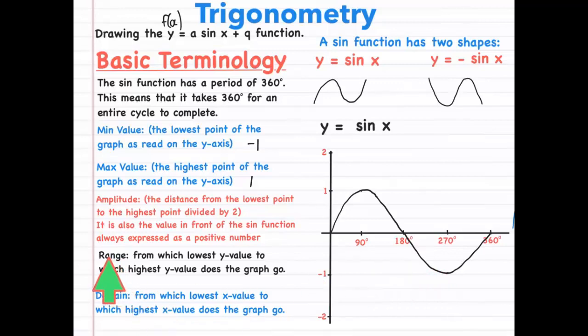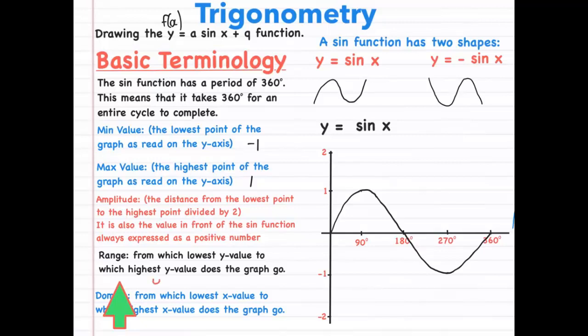Okay, then we look at the range. The range is from which lowest y value to which highest y value does the graph go. Now it goes from -1 all the way up to 1. And we basically already have the minimum and maximum value, so this has to be written in a different way. So the range wants to know from what's the lowest point to what's the highest point. And look carefully how I write it. I'll do this here in red.